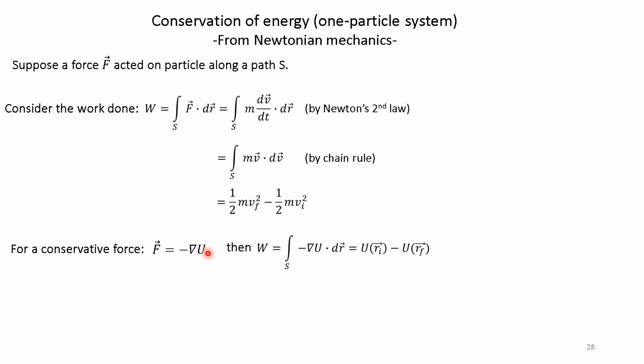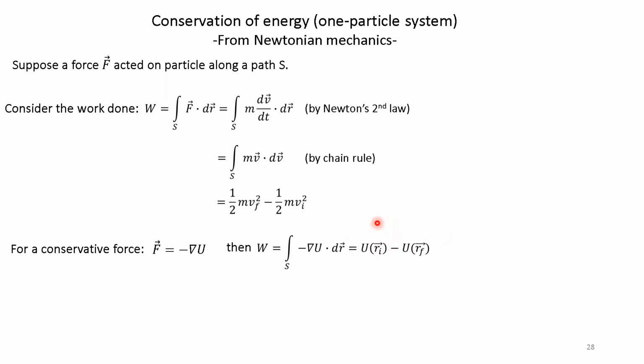In that case, the work done, F dot dr, can be written as minus gradient U dr. And as we learned last semester, this is the difference of the potential energy between the end point and the starting point. Remember that this is path independent, if you still remember.